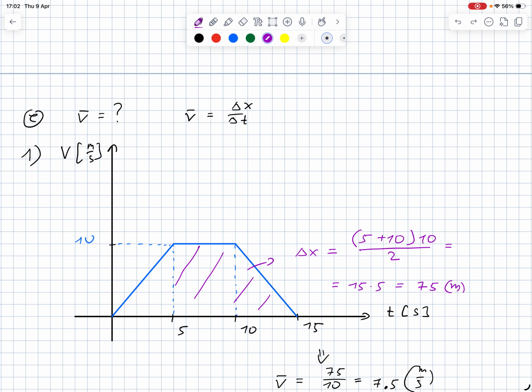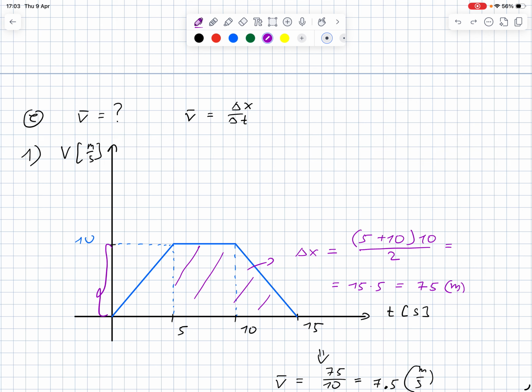To find this area we need one base, which is 5, and a second base, between 15 and 5, equals 10, you can see it here, times height, which is 10, divided by 2.